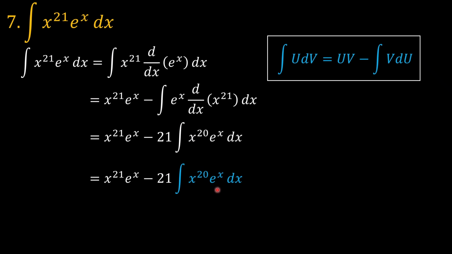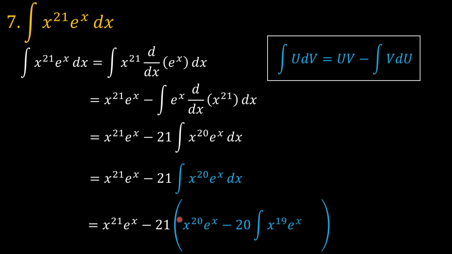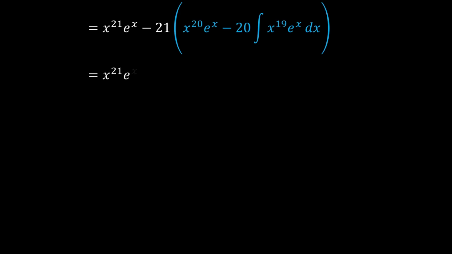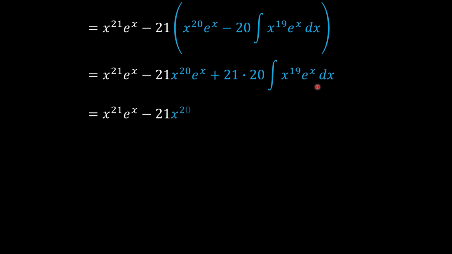So let's color code this as blue, and what that means is that we could bring out this same solution but stepping down to 20 instead of 21. So we have 21 times x to the power 20 times e to the x minus 20 times the integral of x to the power 19 times e to the power x. And so we can repeat this same process. We now color code this x to the power 19 times e to the power x integral with green.